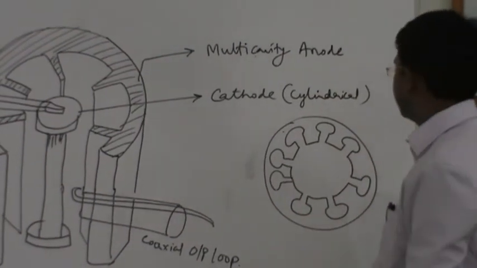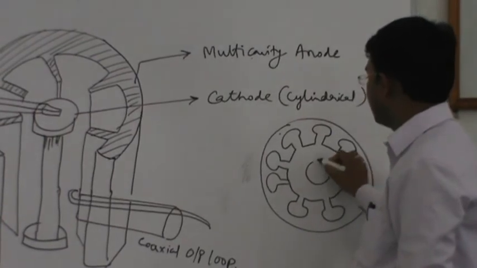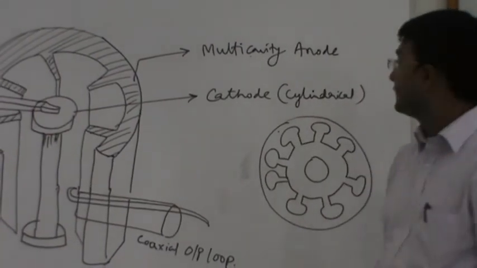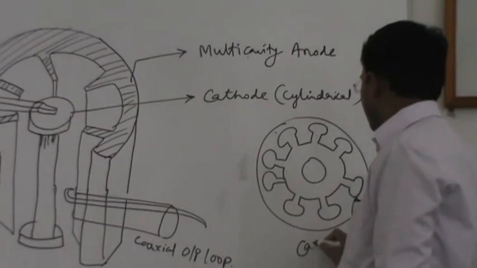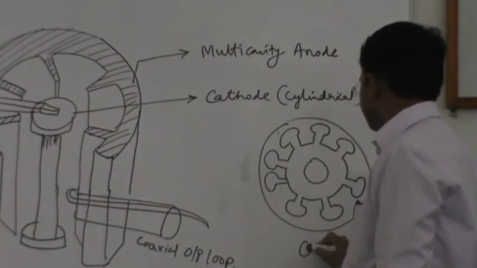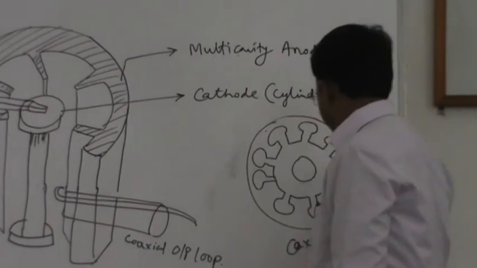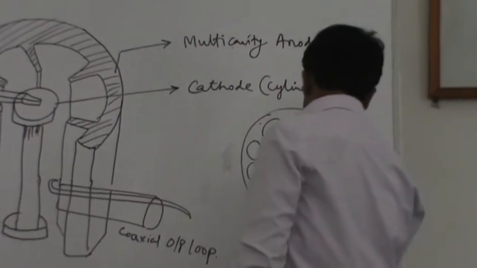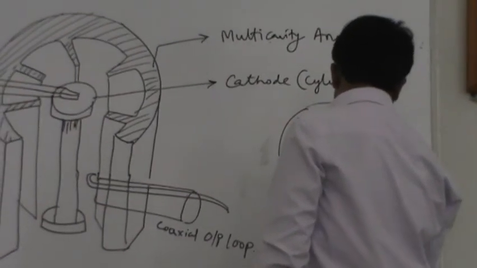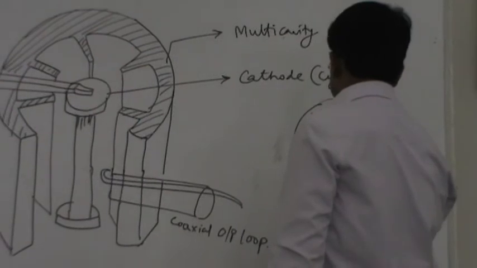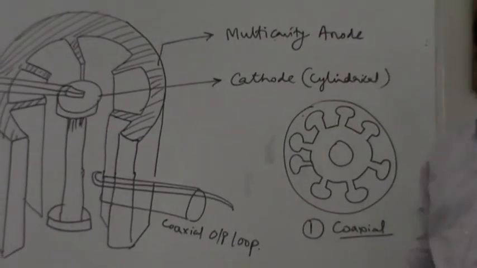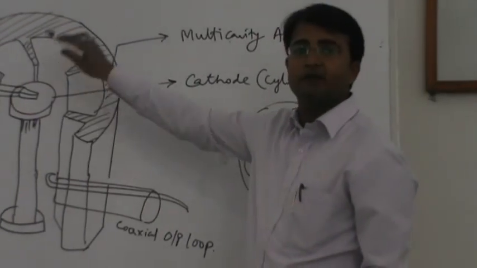The coaxial structure may be like this, with the cathode inside. It may be a coaxial type of structure, or a well type of structure which is similar to this.